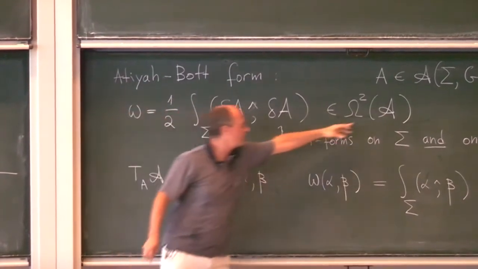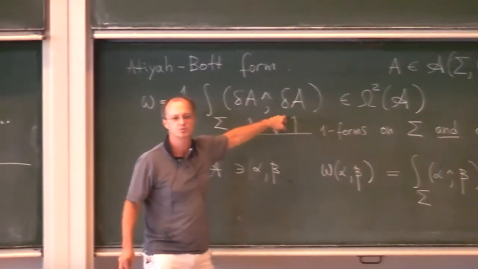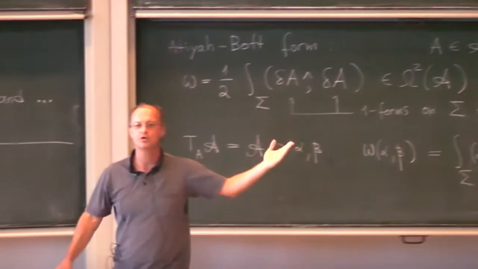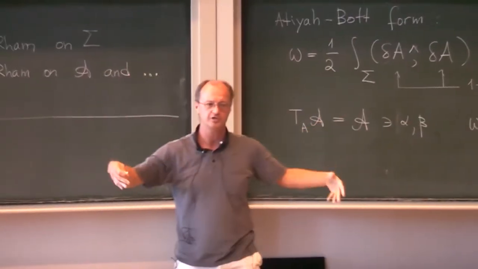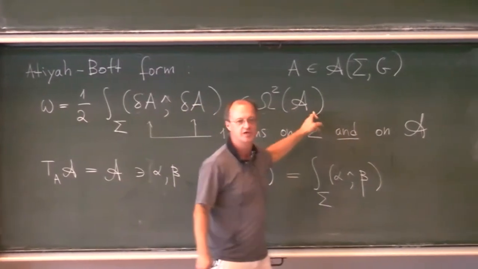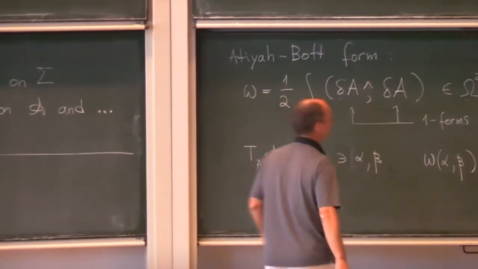And for the 1 form parts with respect to capital A, you're just taking the wedge product. So you see, there are three parallel stories which go all together, and in the end, what you get is a 2 form on the space of connections. So that's the meaning of this Atiyah-Bott formula.